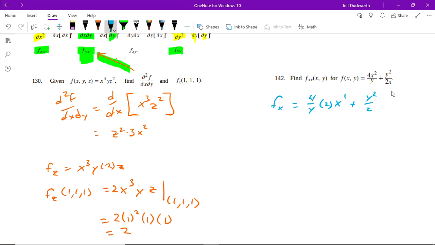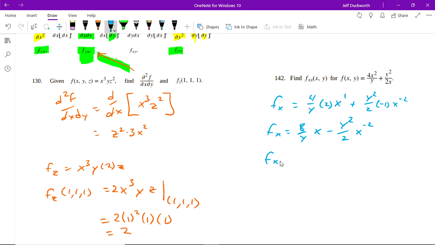The derivative of that would be negative 1 times x to the negative 2. That's our first derivative. And I can clean that up. It's 8 over y times x minus y squared over 2 x to the negative 2.